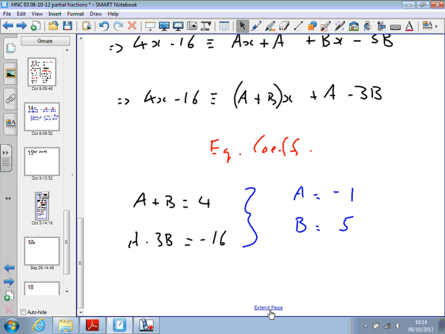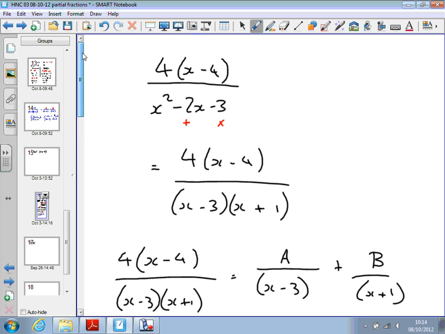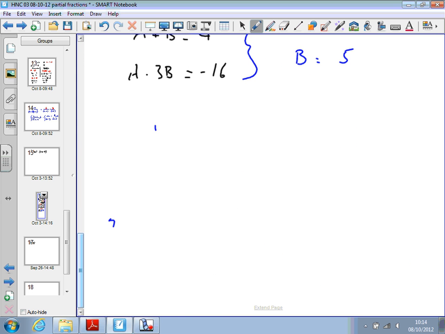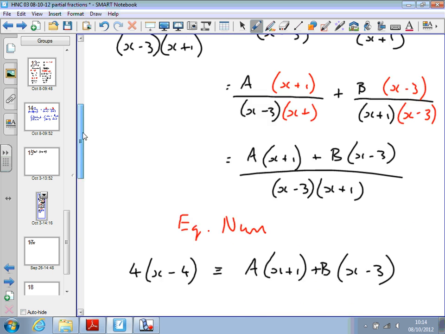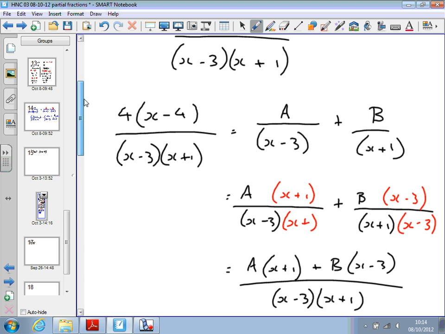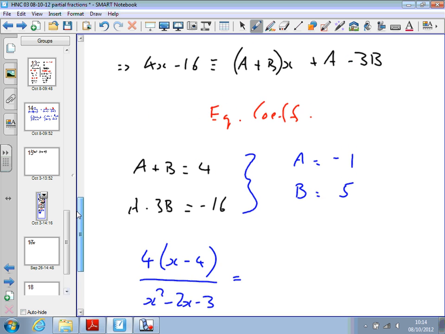Then we substitute those back in to get 4x minus 4 over the original, which was x squared minus 2x minus 3, equals a, which is 1 over x minus 3, no, minus 1.